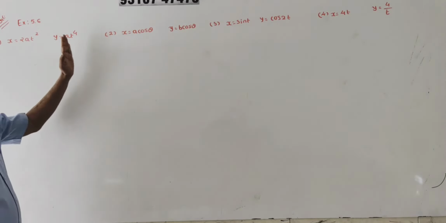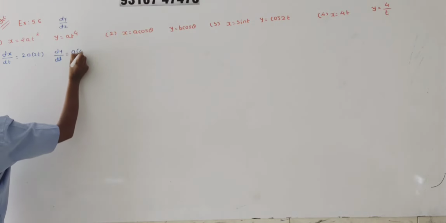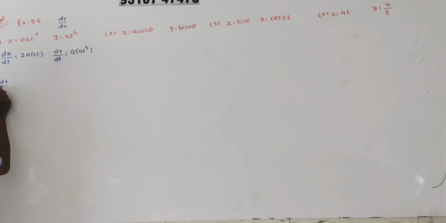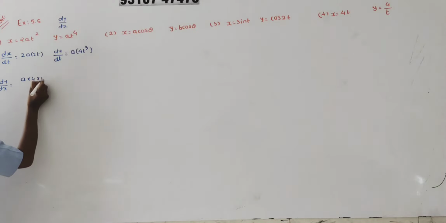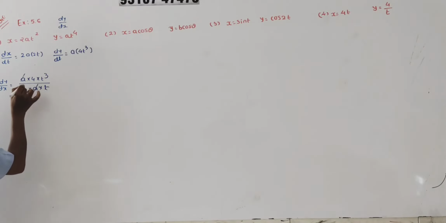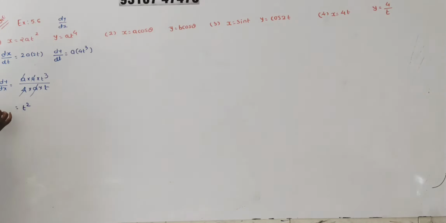So this is 2a into 2t, and dy by dt is equal to a into 4t cube. So now your dy by dx is equal to a into 4 t cube upon 4 a t. A and a cancel, 4 and 4 cancel. So this is t cube by t, which means your answer of dy by dx is t square.